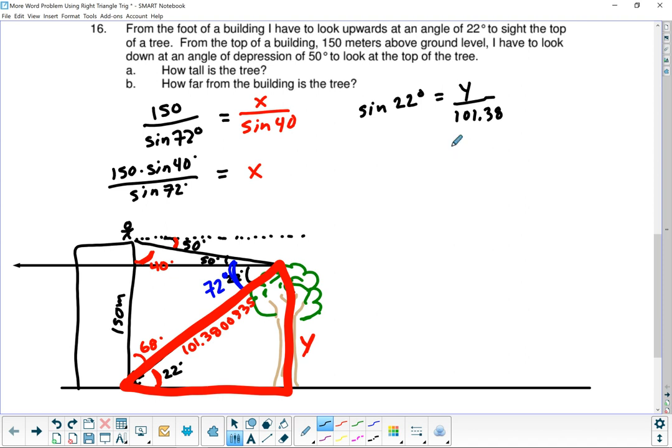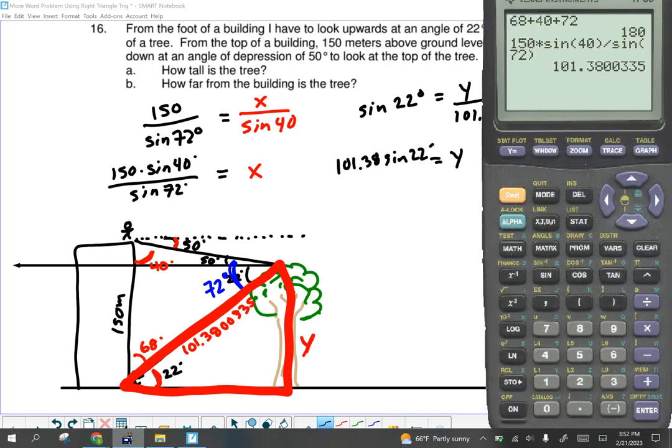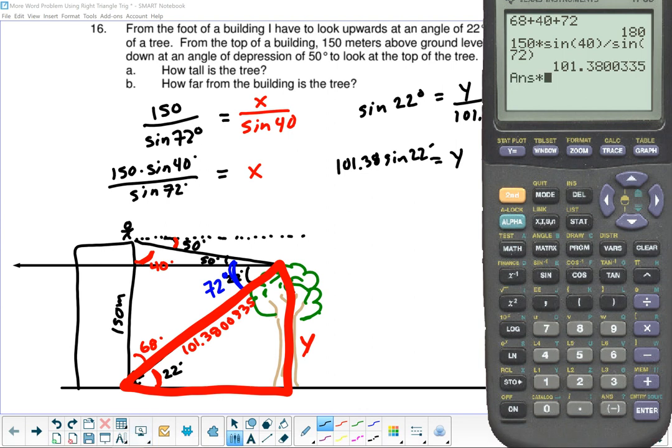To solve for y, we multiply both sides by 101.38. So it'll be 101.38 times sine 22 degrees, and that'll tell you the height of the tree. I already have that number, so I just times it by sine of 22 degrees. That means the tree is 37.9776.